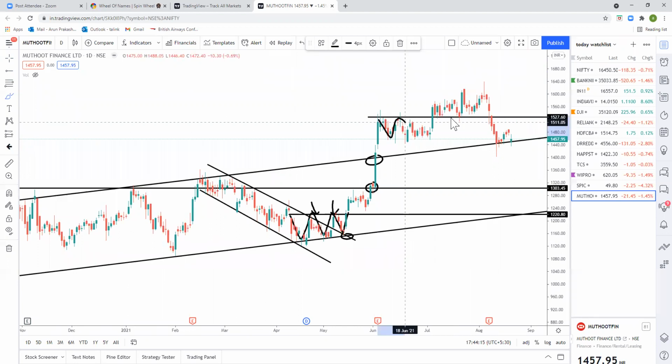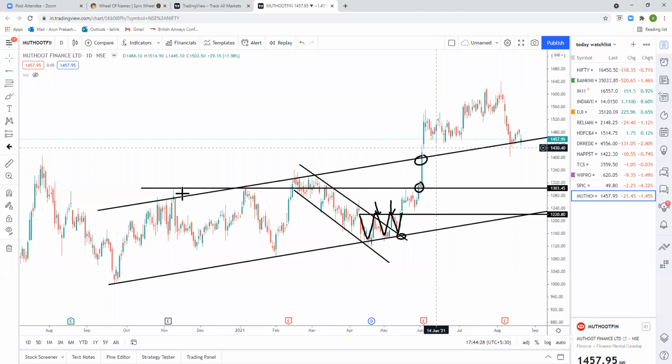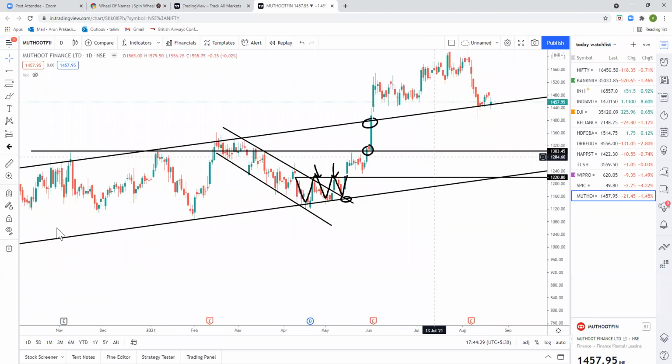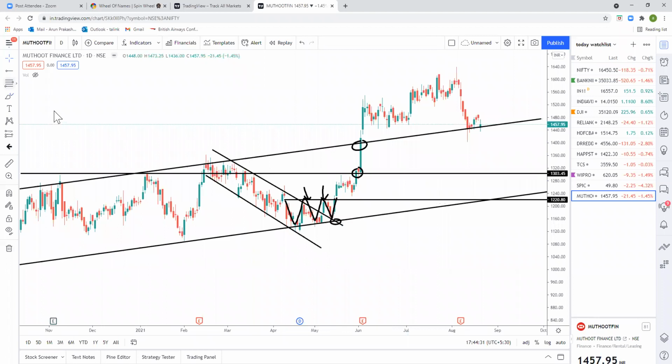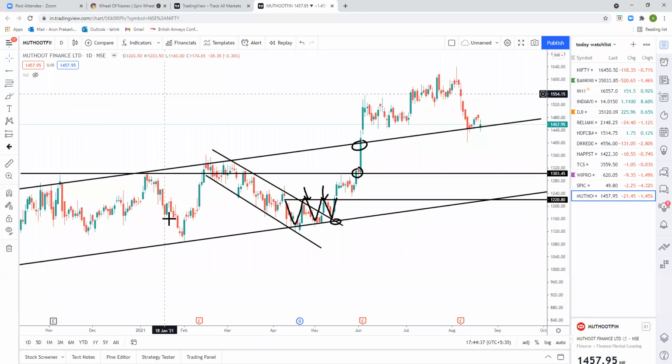If a stock is in uncharted territory, it becomes a little difficult to draw a support resistance zone because it will not be available. So you can use a Fibonacci extension for a target. Where we will be using it is, you should have a clear swing high and a swing low.